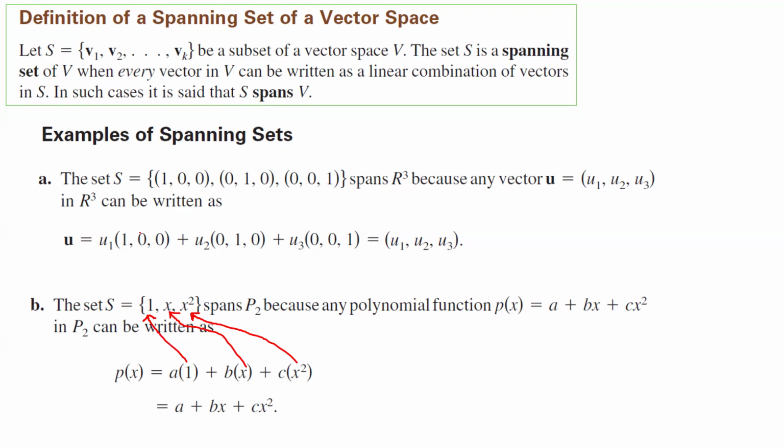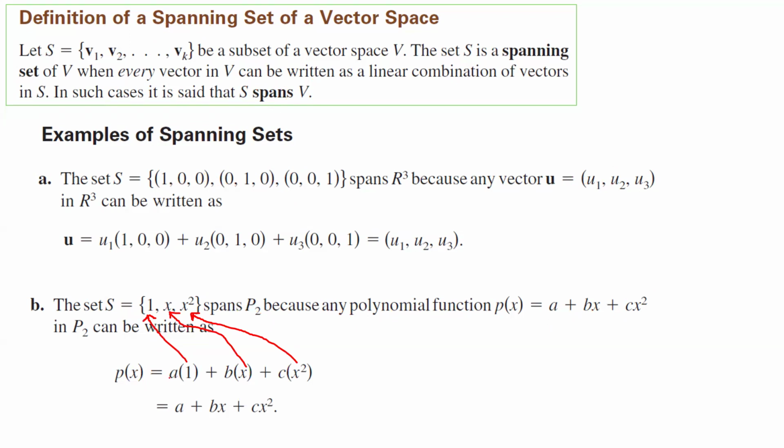So, two very basic examples for you to understand the definition of span of a vector space. You're basically taking vectors and you're going to write down any other vector as a linear combination of those vectors. So again, P sub 2 is the vector space of all polynomial functions of degree 2 or less, which was defined as a plus bx plus cx squared.